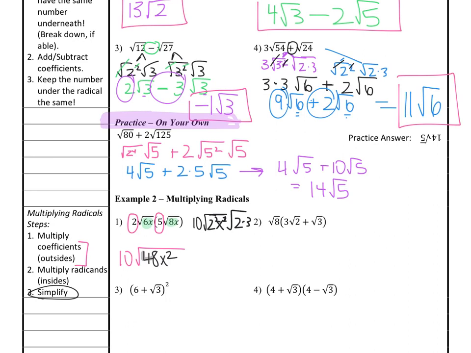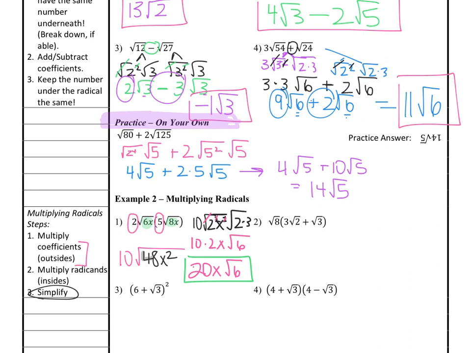So now I have 10 times 2 times x square root of 6, in other words, 20x square root 6. So multiply outsides, multiply insides, then reduce.